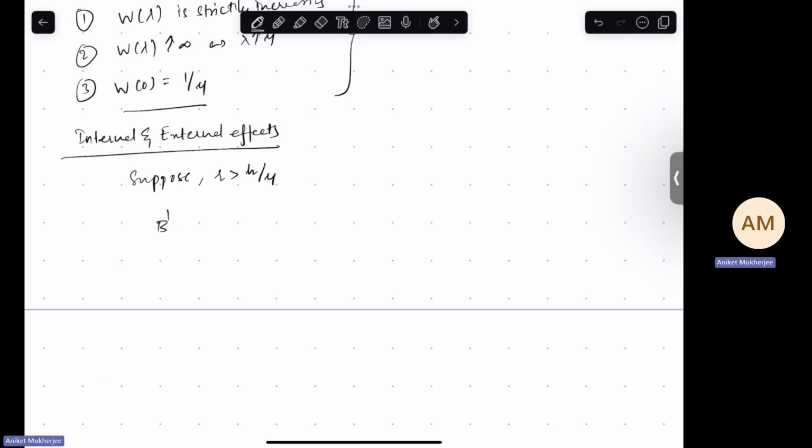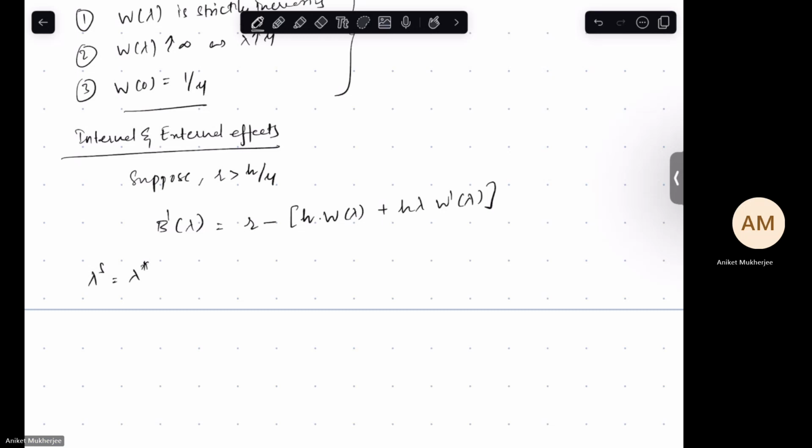If you calculate the first derivative of the objective function, we get it as lambda R minus H into W lambda plus H lambda into W prime lambda. Now lambda S, which is equal to lambda star, this we got by equating R equal to H into W lambda plus H lambda W prime lambda, right?